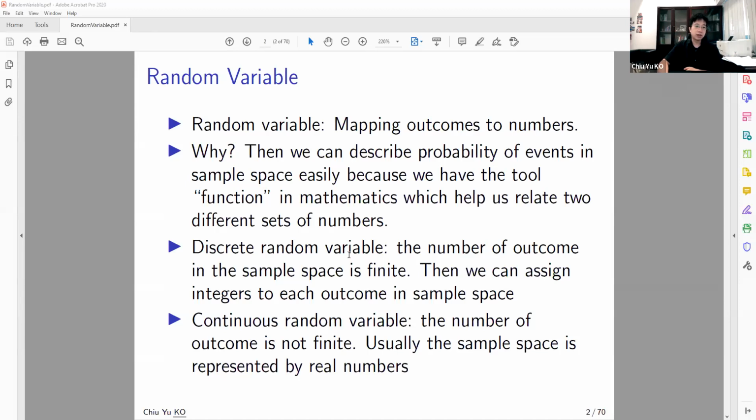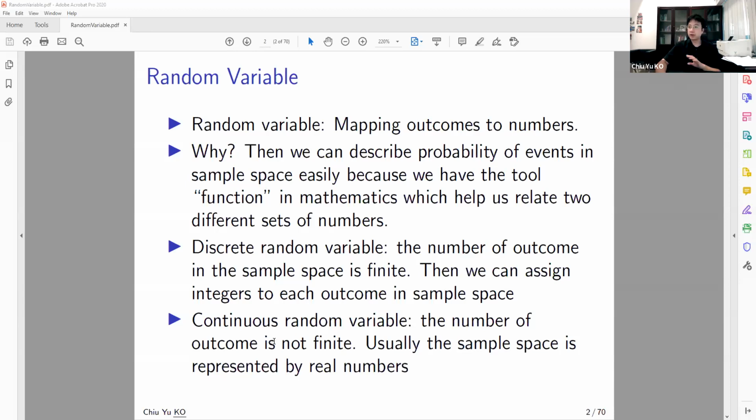For discrete, the number of outcomes of the sample space is finite, or to be more technically correct, countably infinite. Basically you can count them 1, 2, 3, 4, 5, and this also includes infinity, because you need not have an upper bound, so it can be from 0 to infinity. Basically, you can imagine integers.